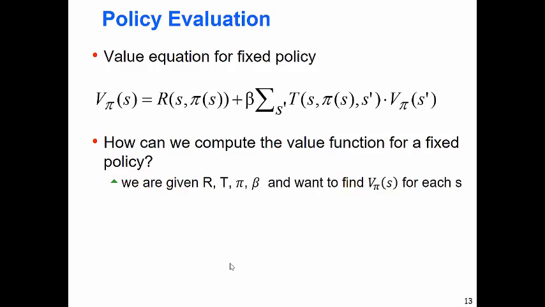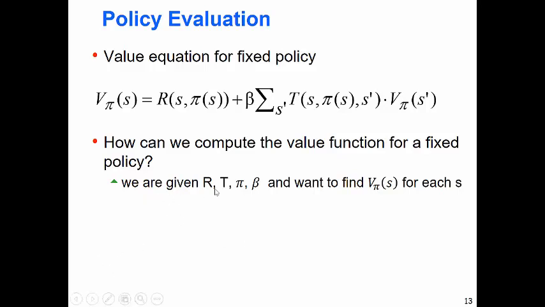Size n, right? Previously in the non-stationary case, it was size n times the horizon, because we had a different value function for every horizon. Now we just have one value function, so we're just going to return a vector of size n.